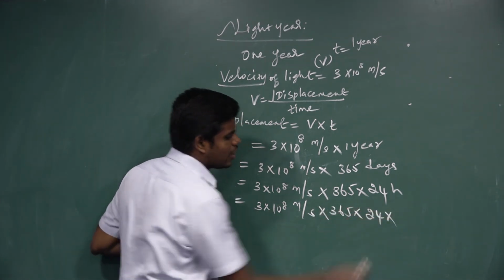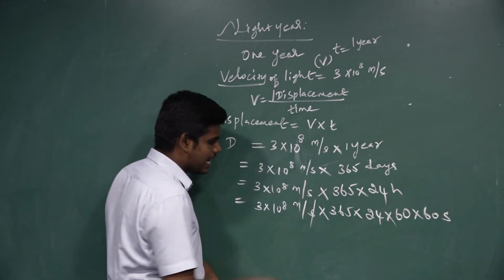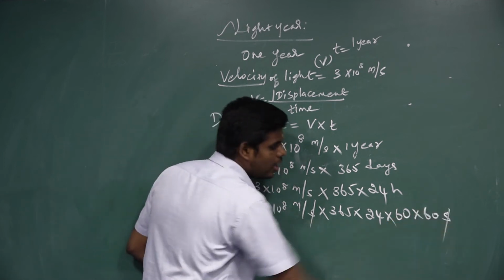1 hour is equal to 60 minutes, and 1 minute is 60 seconds. Here we have seconds in the denominator, and here seconds in the numerator.